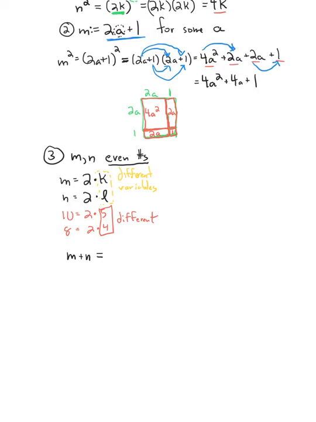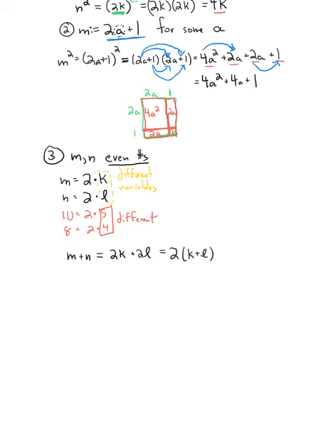So m plus n, well, m is 2k and n is 2l. And if we want to simplify this, I notice that both of these terms have a factor of 2. So I'm going to factor out the 2 from both of those terms, and I'm left with k plus l.